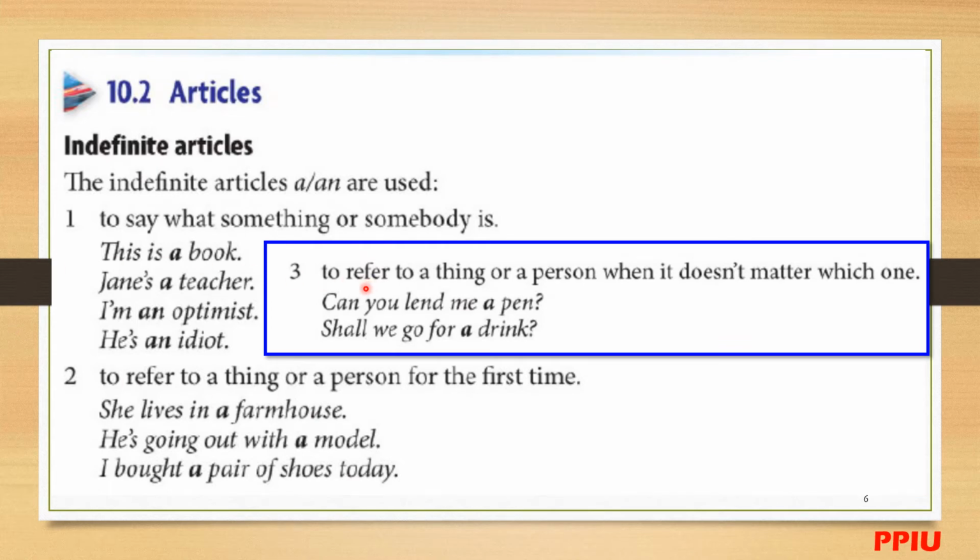We shall move to number 3. Also, we use it to refer to a thing or person when it doesn't matter which one. For example, can you lend me a pen, or shall we go for a drink, right?